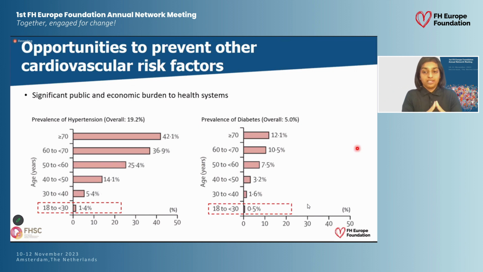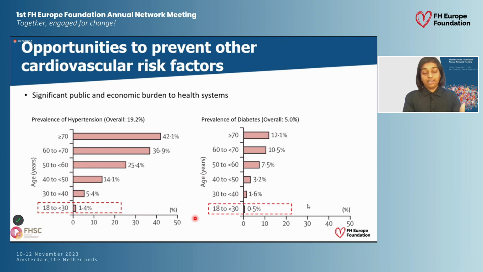So we also observed another important finding whereby the opportunity for screening for FH early in life has other benefits, as many risk factors for cardiovascular disease are linked. So we see on this slide the prevalence of hypertension and the prevalence of diabetes grouped by different age categories. And again, highlighted in the red box, what we see is a lower prevalence of hypertension and diabetes in the youngest age categories.